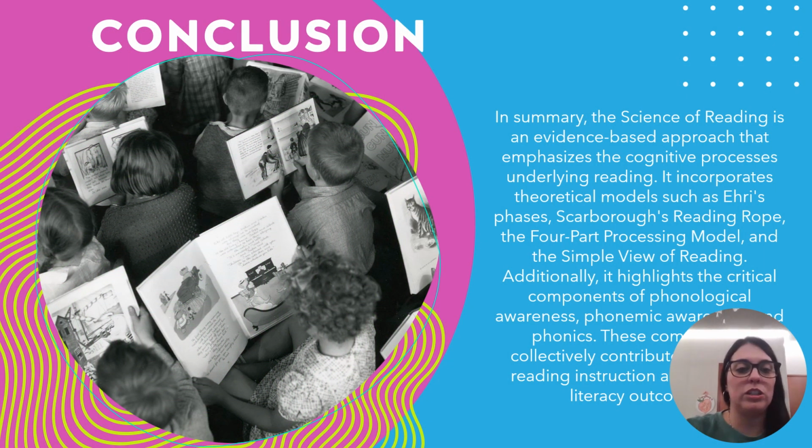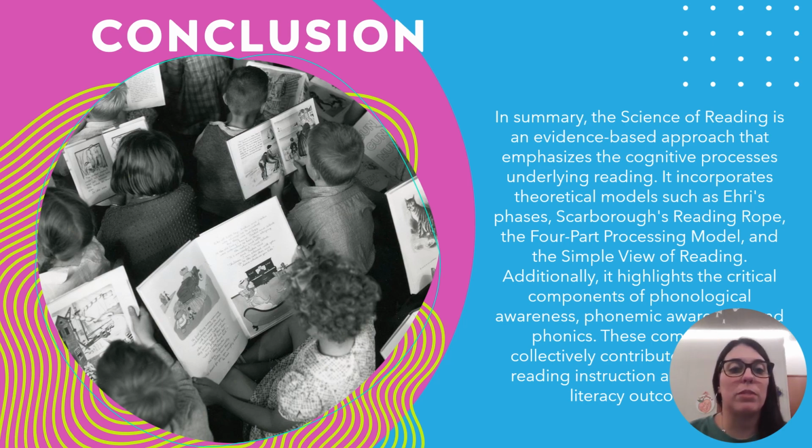Okay, in conclusion, the science of reading delves into various theories and concepts that shed light on effective reading instruction. Ehri's phases provide insights into developmental strategies individuals go through when acquiring reading skills. Scarborough's rope model emphasizes the five critical components necessary for proficient reading acquisition.